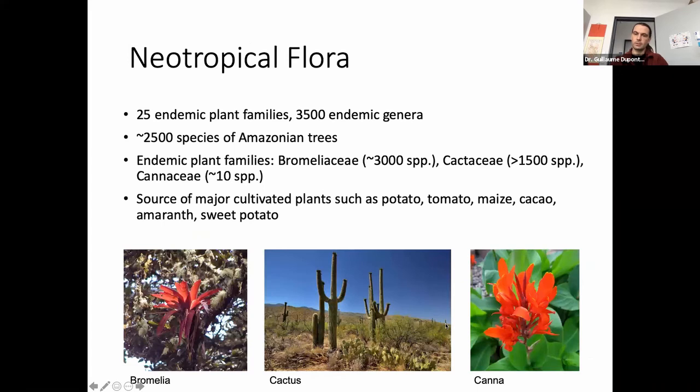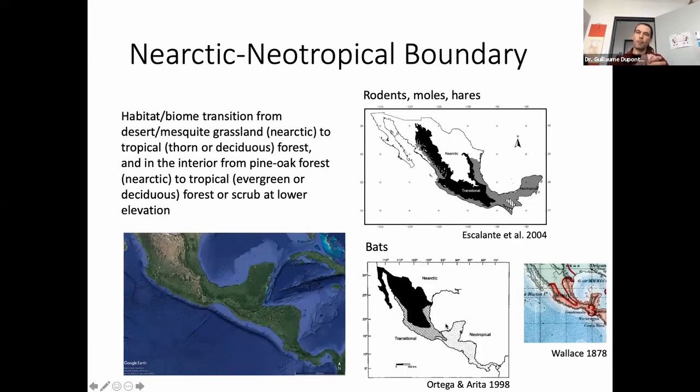So the Yucatan Peninsula is already the Neotropics. And it's fascinating to see that Wallace predicted this without the modern tools. He did not have databases, he did not have distribution maps, and he drew a line which is pretty much consistent with what modern taxonomic and phylogenetic work is predicting. So Wallace's map is still valid.